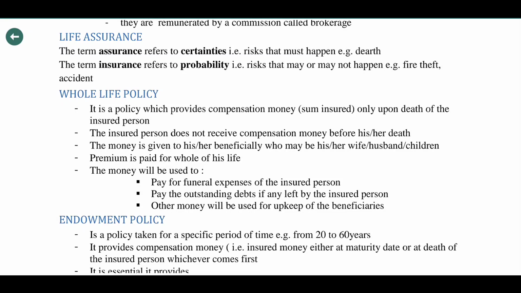The insured person does not receive compensation money before his or her death. The money is given to his or her beneficiaries, who may be his or her wife, husband, children, or other dependents.